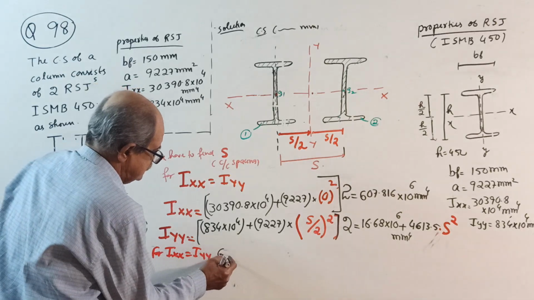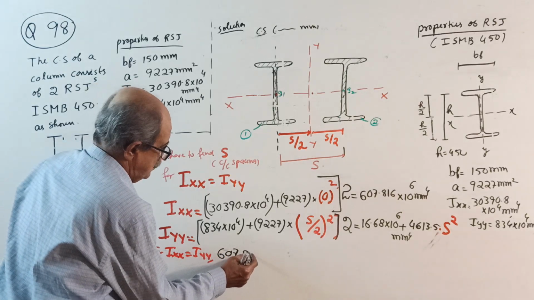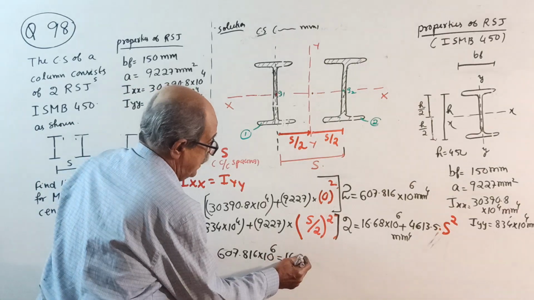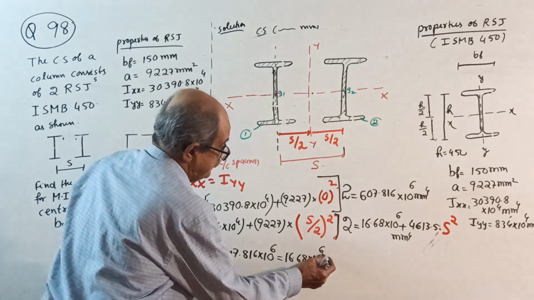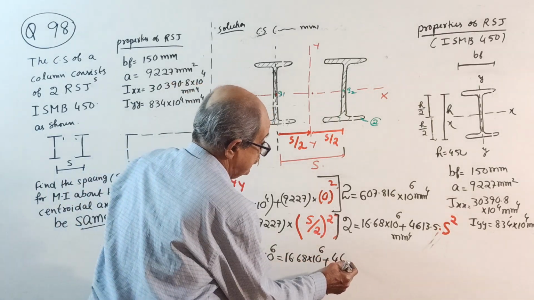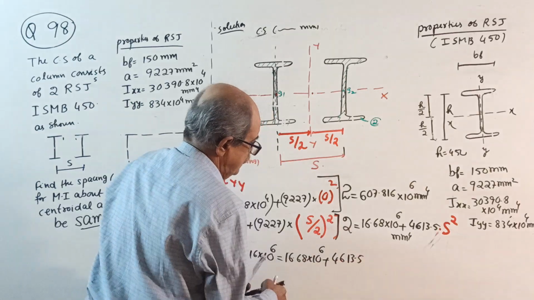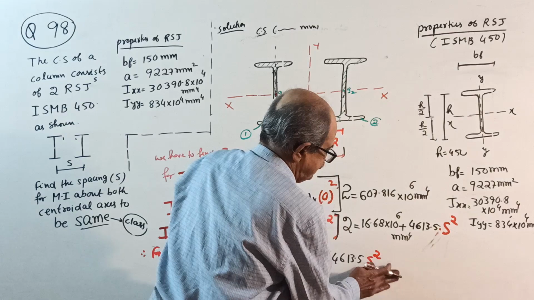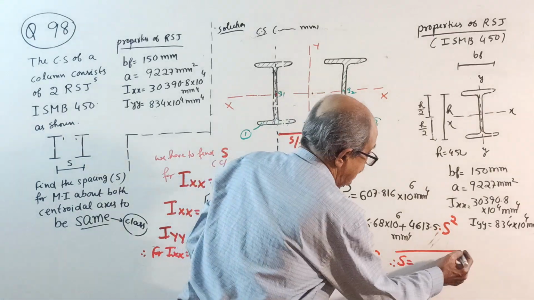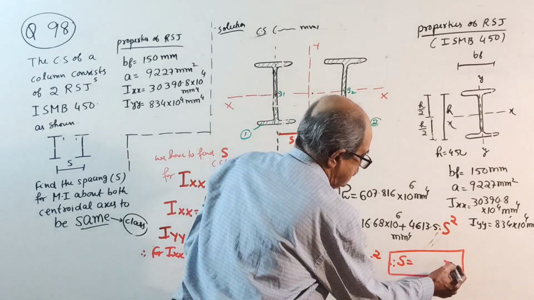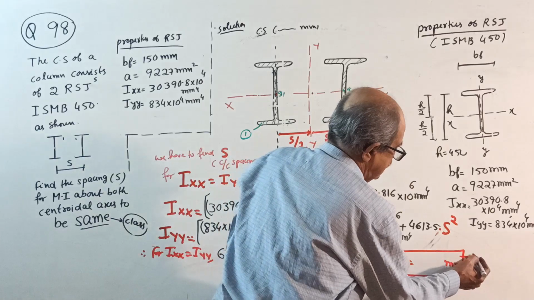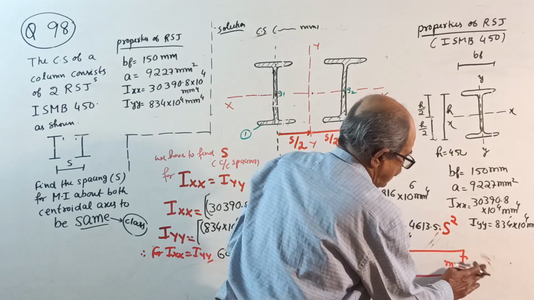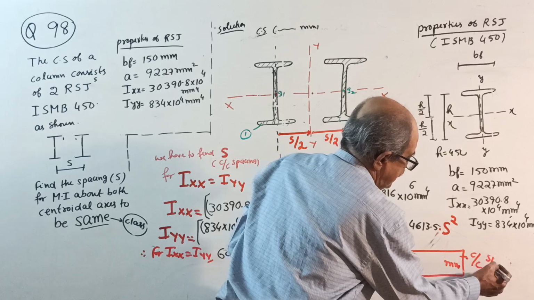You get 607.816 into 10 to the power 6 equal to 16.68 into 10 to the power 6 plus 4613.5 times S square. Therefore, you will get the value of S. Answer, S will come in millimeter. This is center to center spacing.